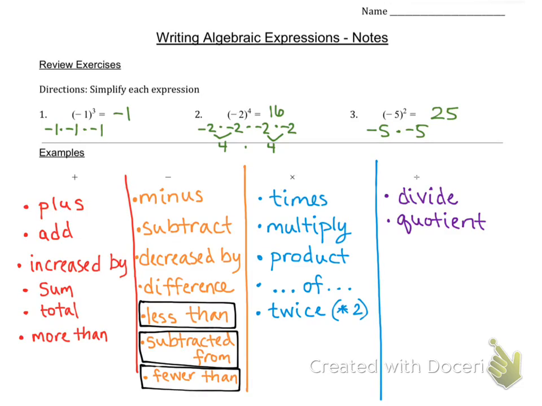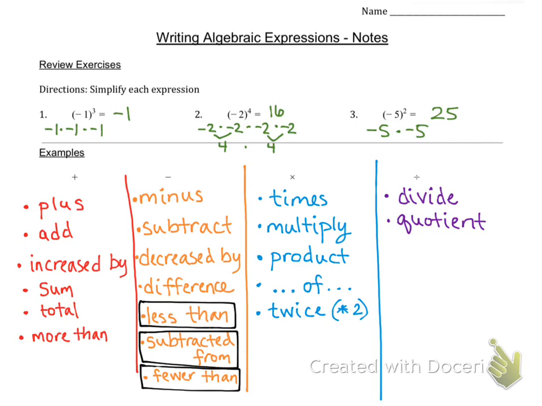Now let's focus on writing these algebraic expressions. Underneath the examples for each of our operations, adding, subtracting, multiplying, and dividing, underneath each of those symbols, I wrote different words that can mean adding, subtracting, multiplying, and dividing.